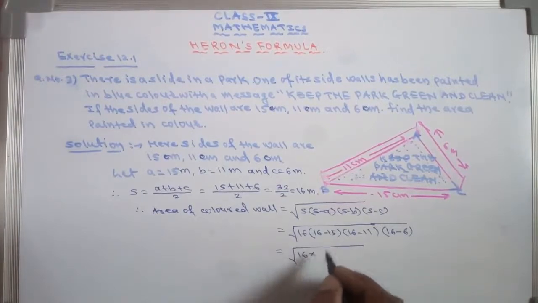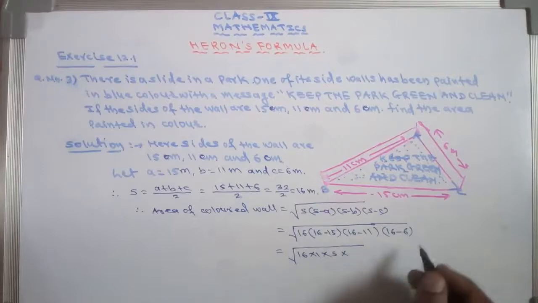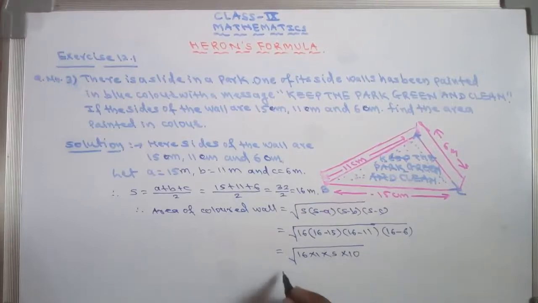16 into, this is 1, 16 minus 15 is 1, 16 minus 11 is 5, then 16 minus 6 is 10. Okay, so this is under root 16. I am writing because you have to take the square root. So 4 into 4, 1 no need to write, into 5 into 10 can be written as 5 into 2.